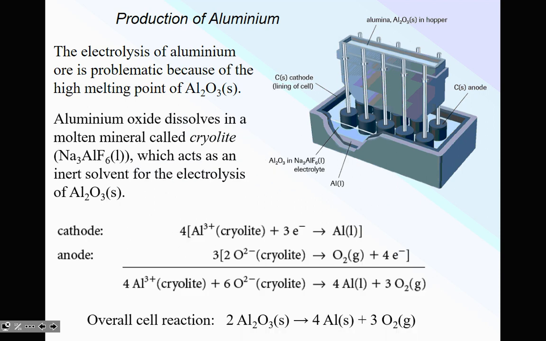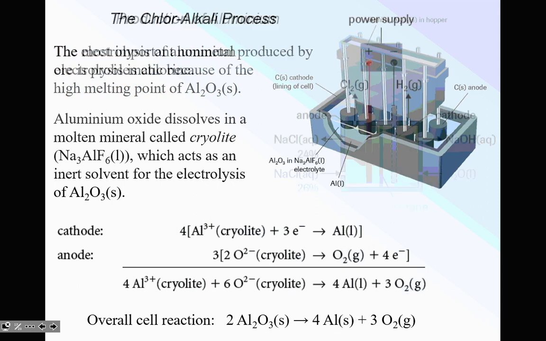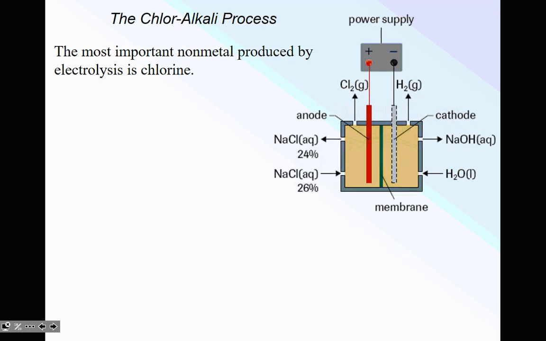Aluminum oxide dissolves in a molten mineral called cryolite, which acts as an inert solvent for the electrolysis of aluminum oxide. So just an example, in order to create aluminum, this is what has to happen. And there's your overall reaction with aluminum being produced from its ore. And like I said, definitely don't have to memorize this.